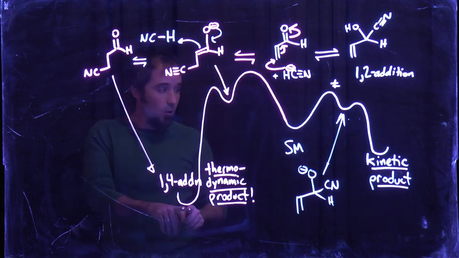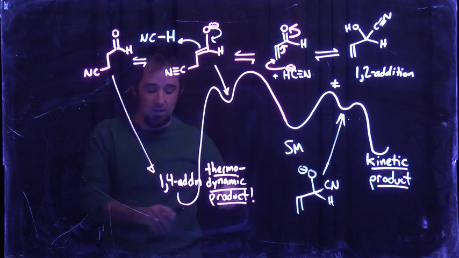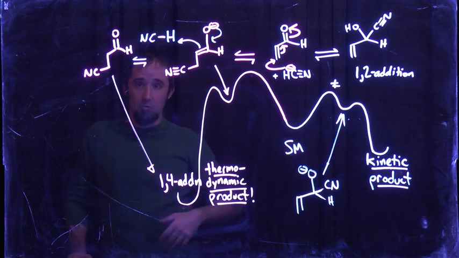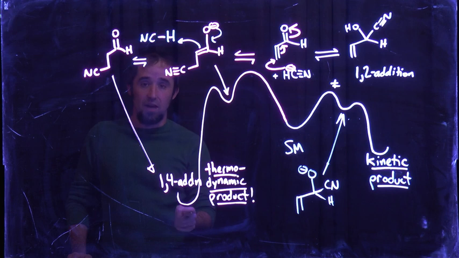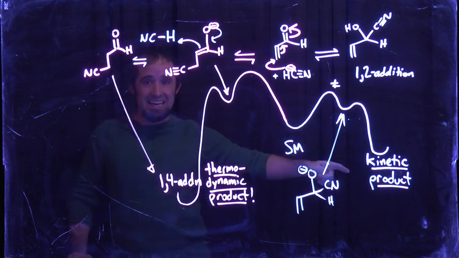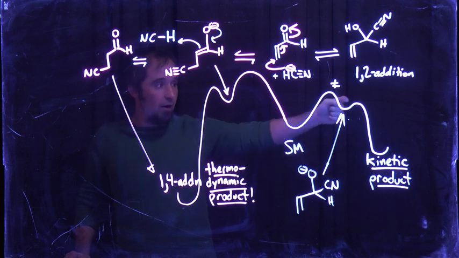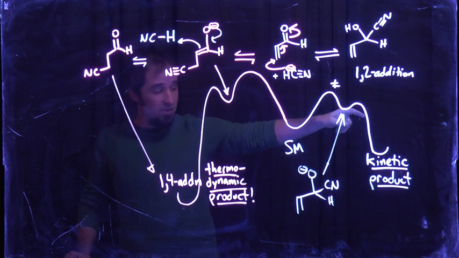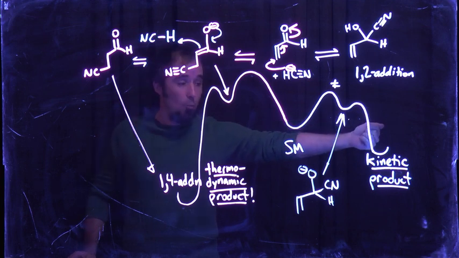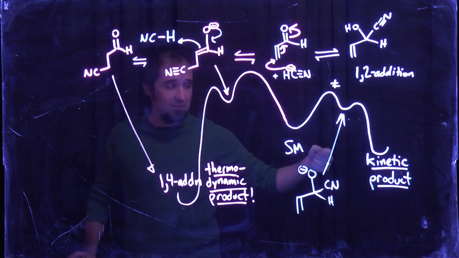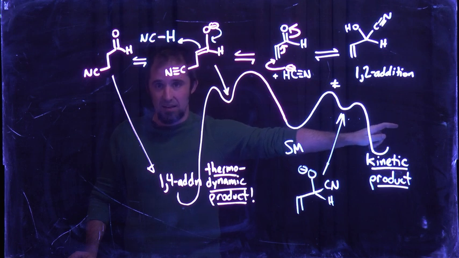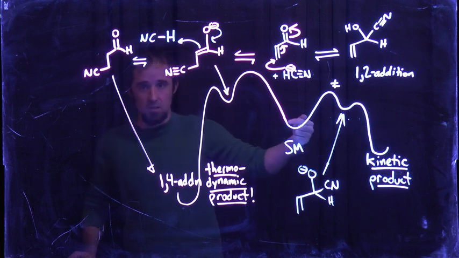This is lower in energy than my 1,2 product, so if we heat it long enough, everything should end up over here. The 1,2 product is our kinetic product. That means it's a much lower barrier to go that way, so it's faster, but it's also faster to go backwards from there.